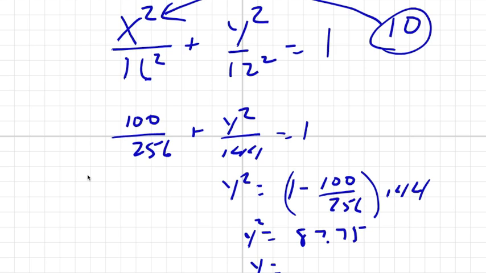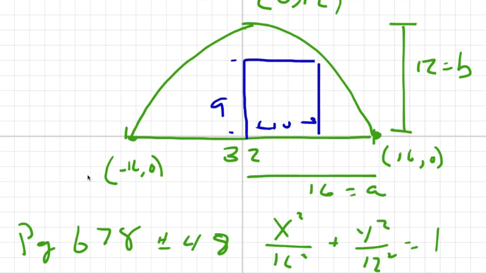So y is equal to 9.36. Okay, so we go back here and it says that this point right there is at 9.36. The truck is only 9, so it just barely fits, right? Okay, that's how that kind of problem works.